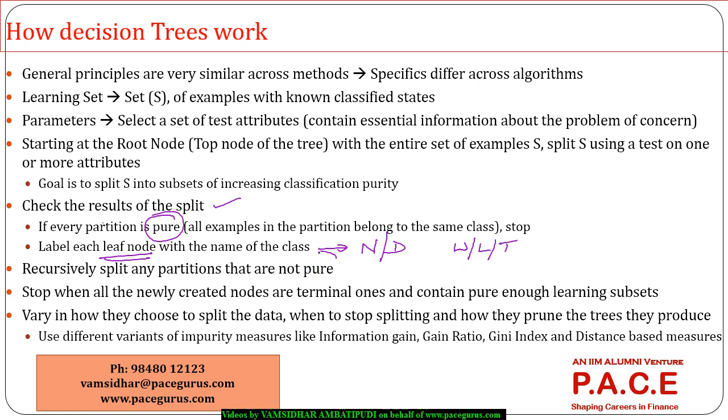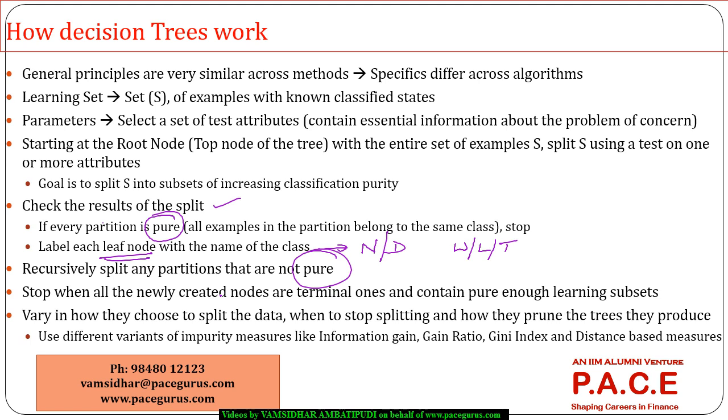If that particular group is not pure, then you think of doing further partitions on that node. But if the node has come out pure, then you don't do any more partitions based on that rule.